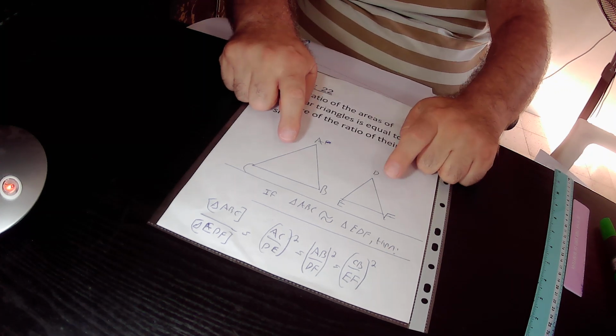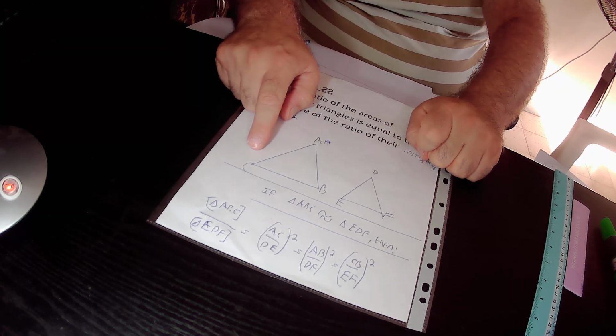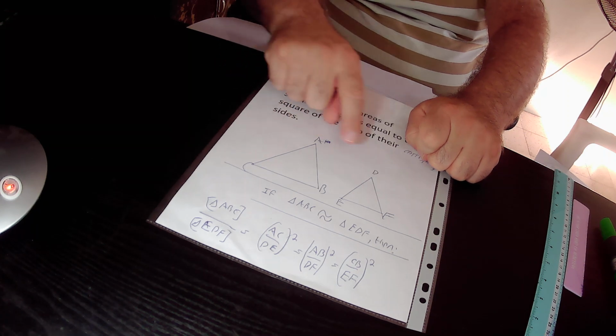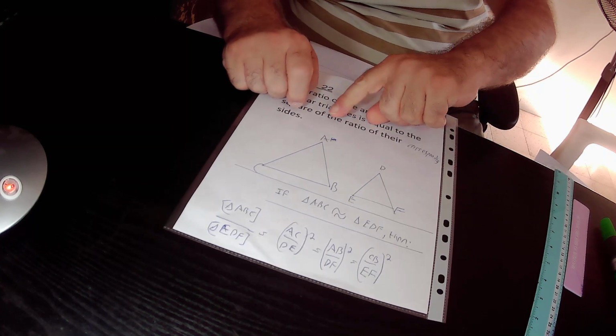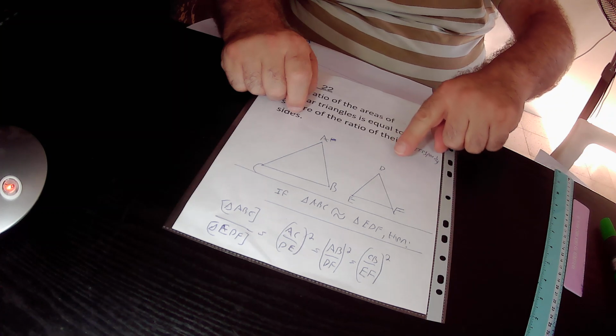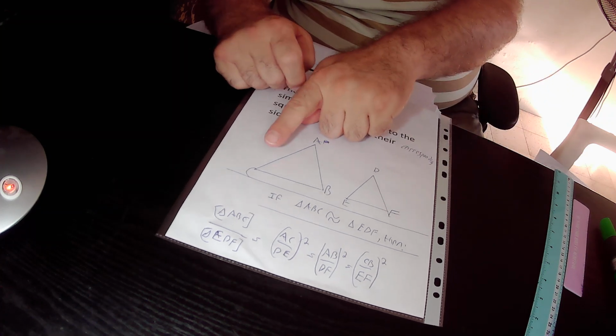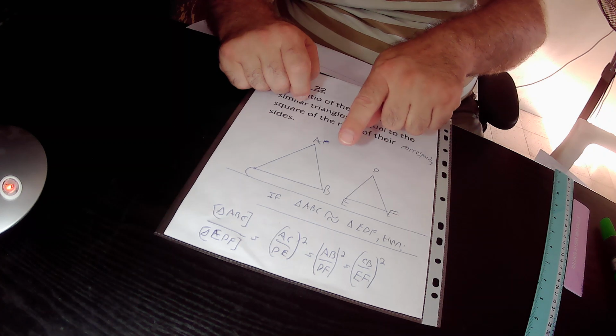On those two triangles, side AC is the corresponding side of side DE. Likewise, side AB is the corresponding side of side DF, and side CB is the corresponding side of side EF.